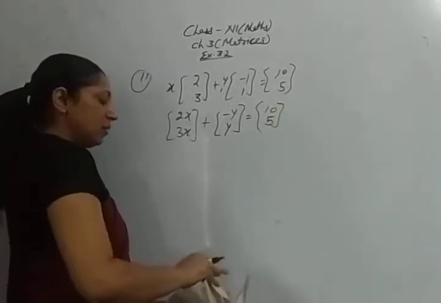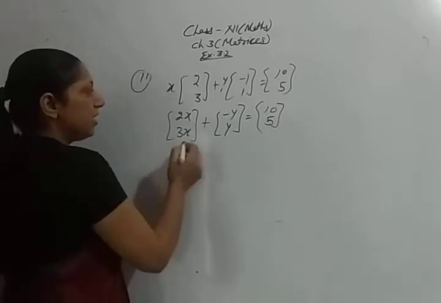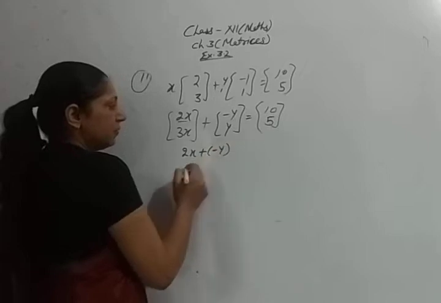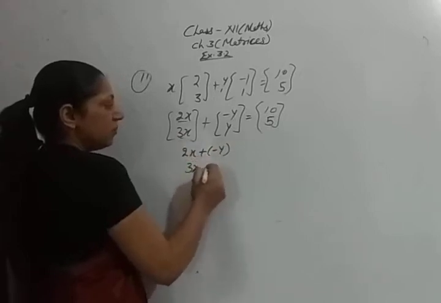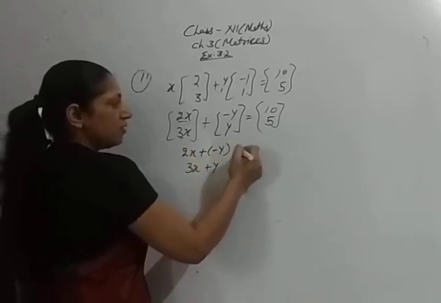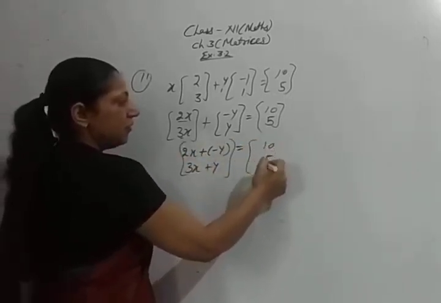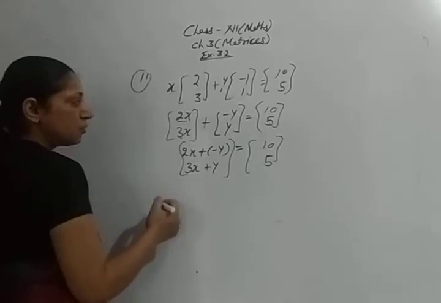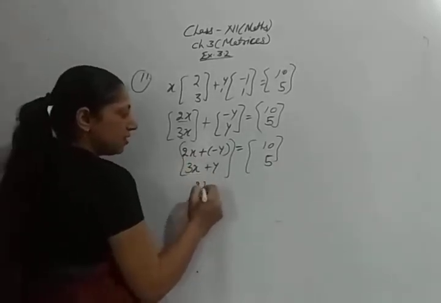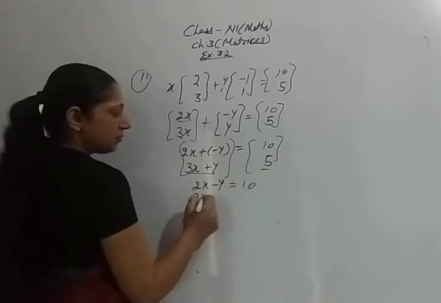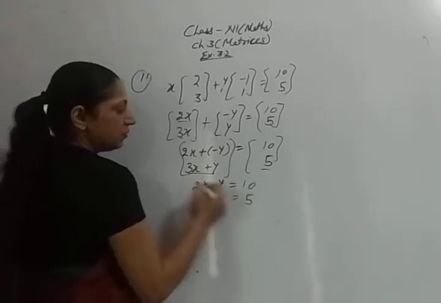Now add the matrices on the left side. So it's 2x minus y and 3x plus y. This is equal to 10 and 5. Now compare the corresponding elements. So we will get 2x minus y is equal to 10 and 3x plus y is equal to 5.